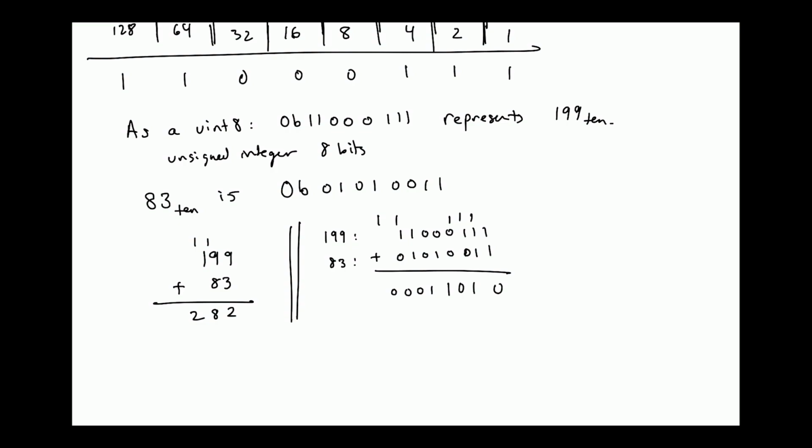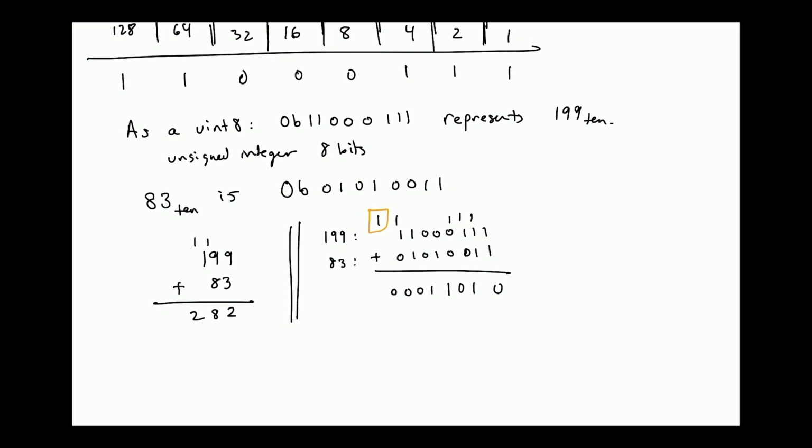And something interesting just happened. The carrying system is exactly the same as it is in base 10, except you've only got 2 bits. That's it.